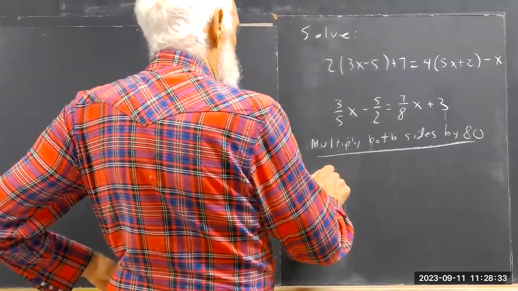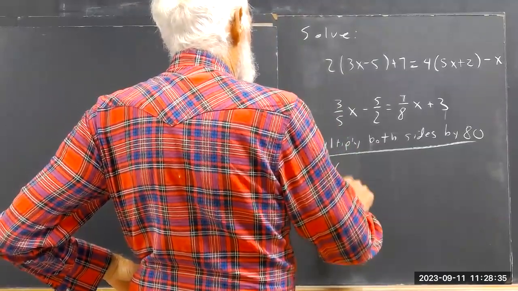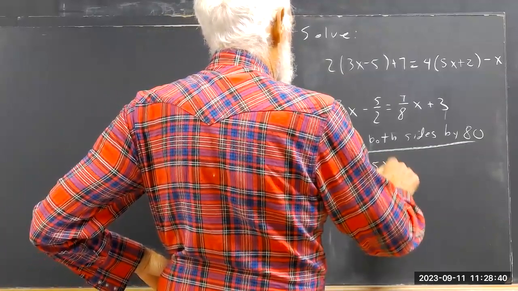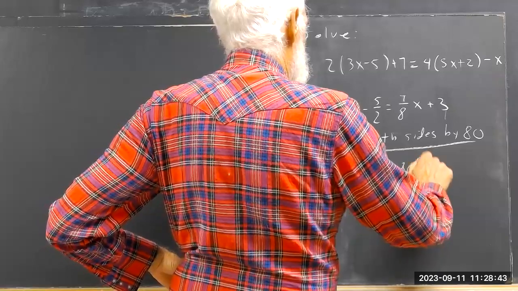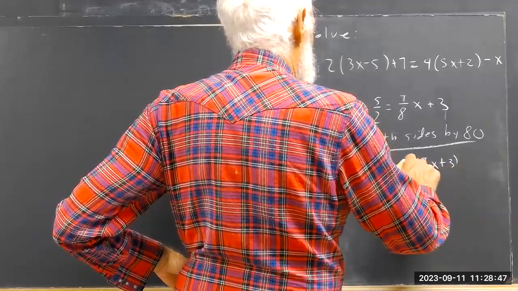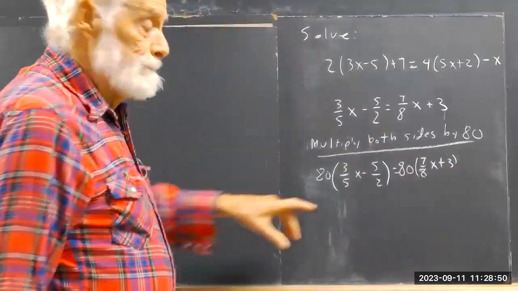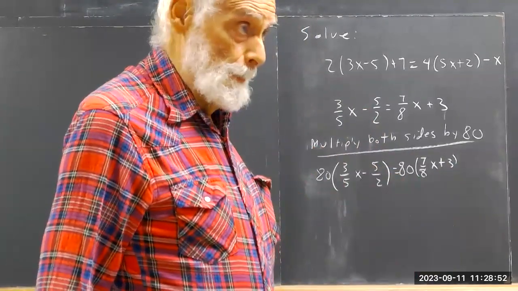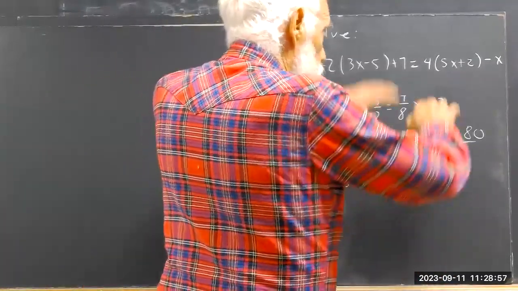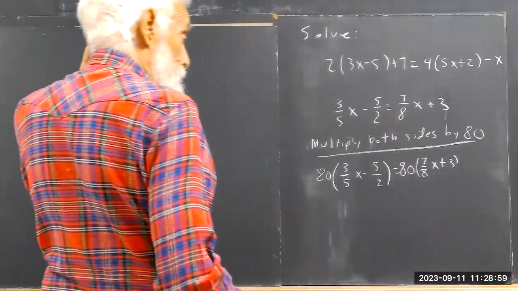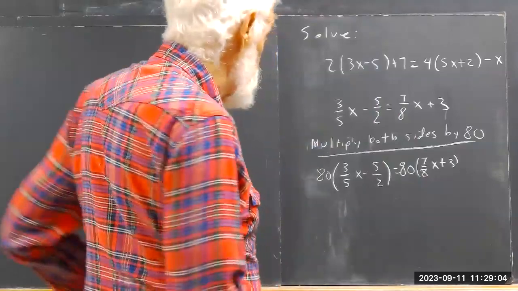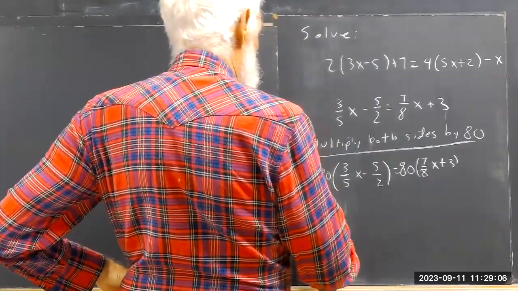Okay, so we're going to write 80. The way you really write this out is you do this. Probably don't want to skip this step. 80 times the whole side equals 80 times the whole side. Now, I've already said 80 isn't the best number you could use, but it works. We'll figure out what the best number is in a minute.